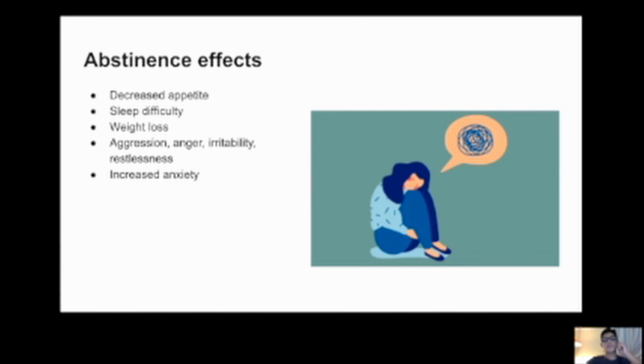Some of the abstinence effects that cannabis has on our bodies is that you may develop decreased appetite. You might show sleep difficulty, weight loss, aggression, anger, and restlessness. Also, it might increase your anxiety. So as you can see, these are the whole opposite effects of the positive ones. This happens whenever we distance ourselves from any product that contains cannabis or from its direct consumption.